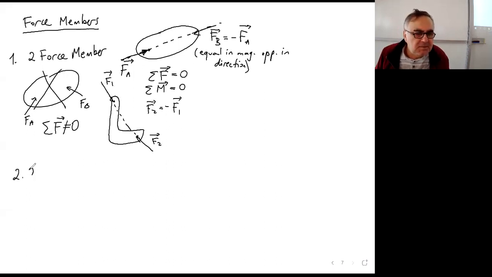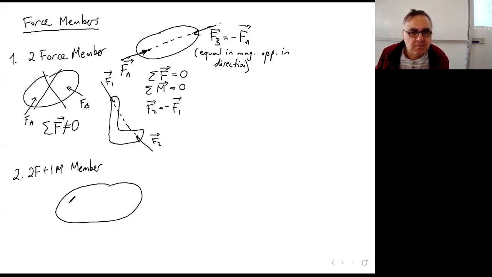The second thing is the two force plus one couple member, one M member. Now again, if you have an object like this, with two forces, let's say this is FA, and let's say this is FB, and this thing is in equilibrium.